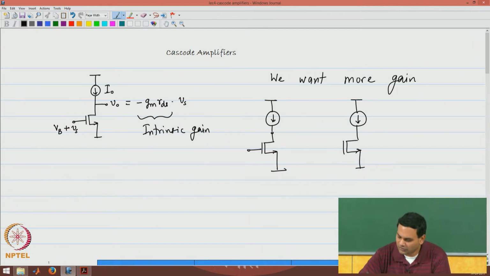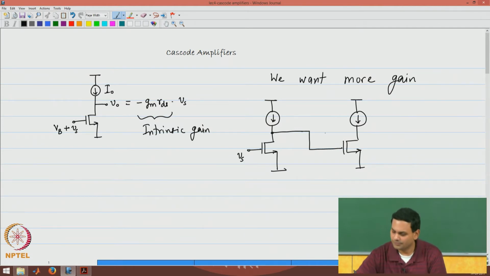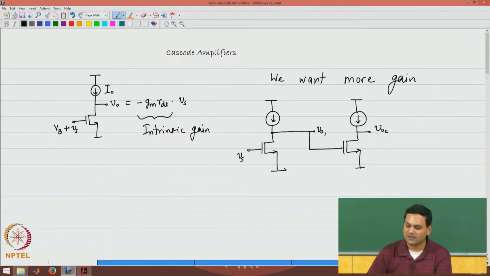So, the output of the first common source amplifier is fed to the input of the second common source amplifier. I am not showing the biasing details in this particular figure. Let the output of the first stage be VO1 and the output of the second stage be VO2.